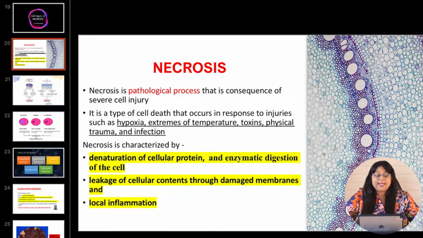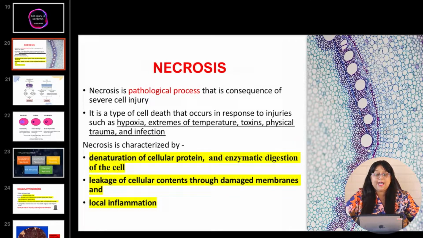Also, there is leakage of cellular contents through damaged membranes. Remember, in necrosis the cell membrane is damaged, and because of the damage to the cellular membrane, there is leakage of the cellular content. Because of leakage of contents, there will be inflammation.